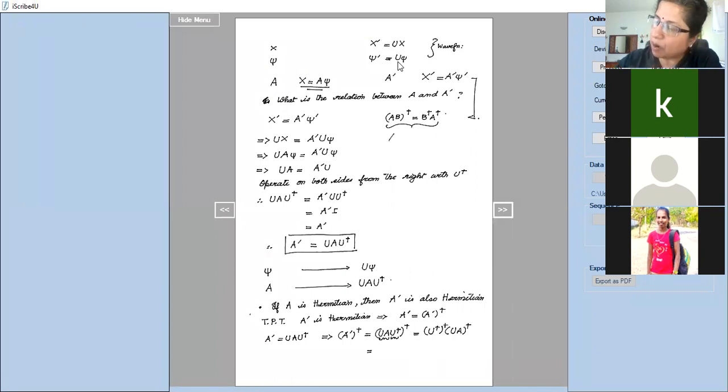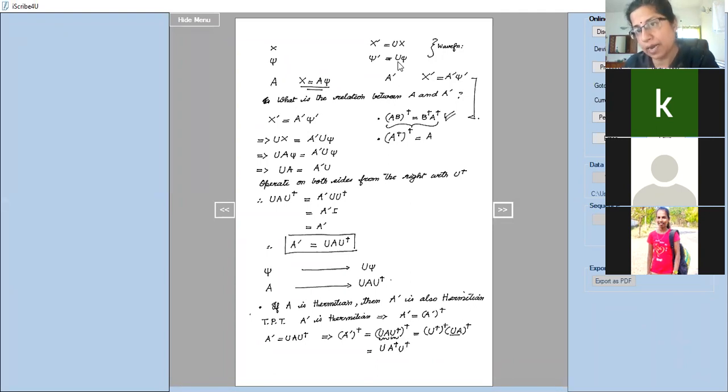The property was A dagger dagger is equal to A. Remember, these are the properties of the adjoint I've already given you. So U dagger dagger will become U, and over here again we apply the same property and we get A dagger U dagger.